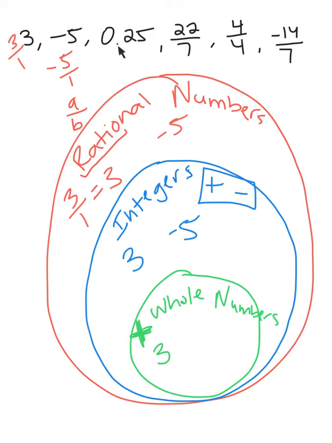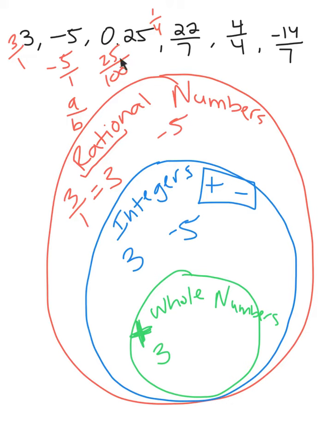Let's look at my next number, 0.25. You might know off the top of your head that 0.25 is equal to 1/4. Maybe you don't know that for sure, and you might have to rewrite it as 25 over 100 with my decimal form, and I can see that it can be written as a ratio. This form right here is a ratio.